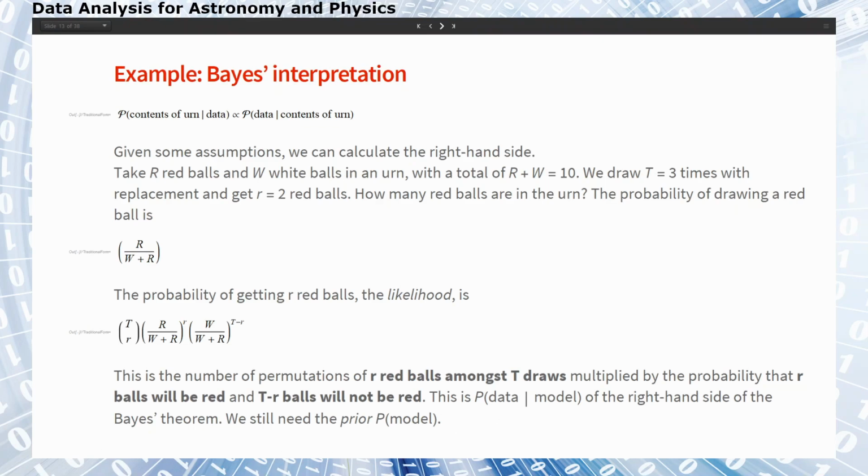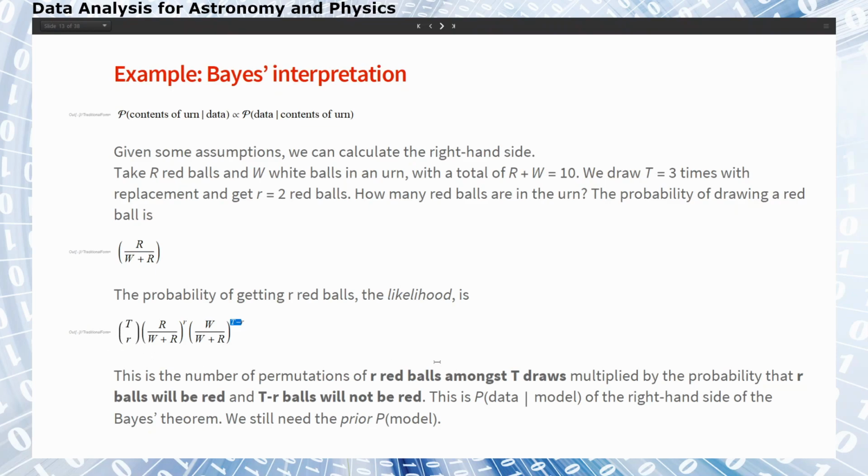So that's r out of t, so 2 out of 3 draws, of this probability for drawing 1 red ball to the power of 2 times the probability of drawing a white ball to the power of t minus r.